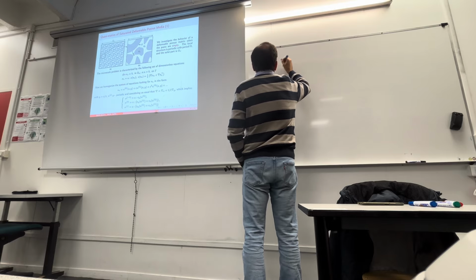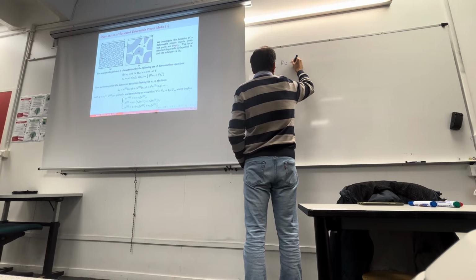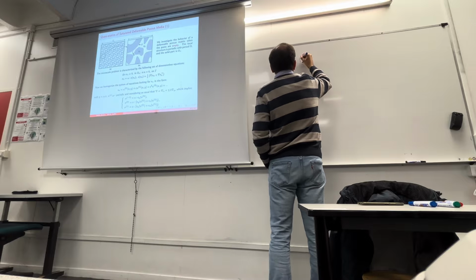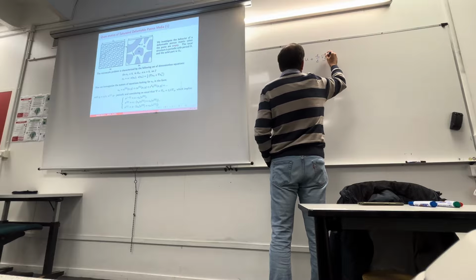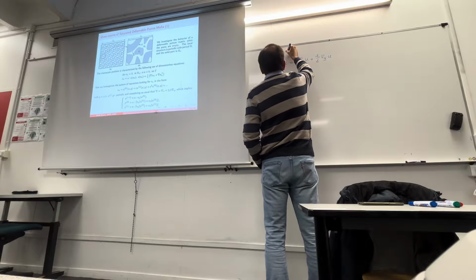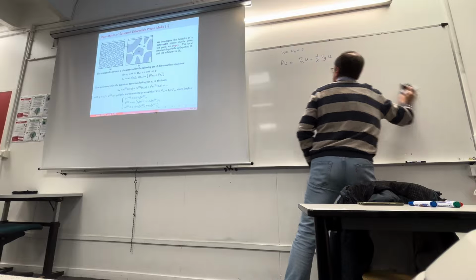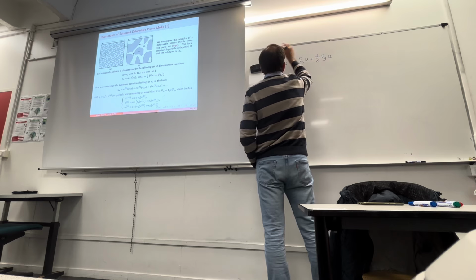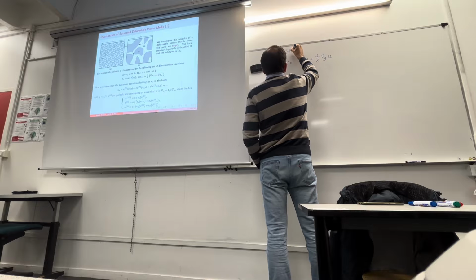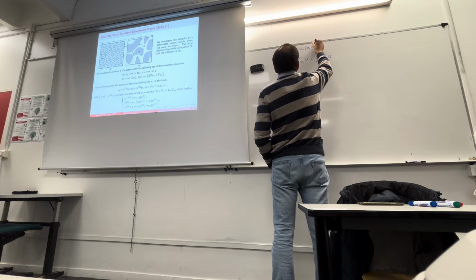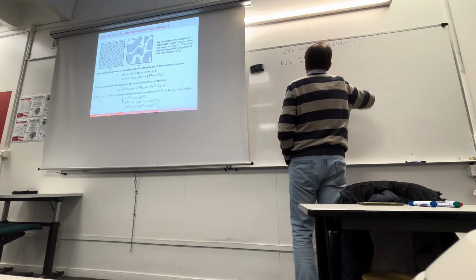So we have gradient of u, which we said is gradient x of u plus 1 by epsilon gradient y of u, but u is expanded as u naught of x and y plus epsilon u1 of x and y and so on.